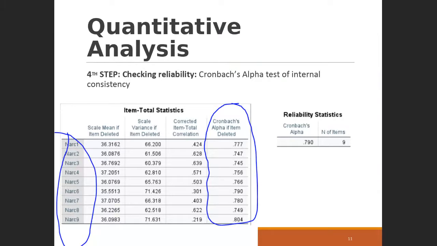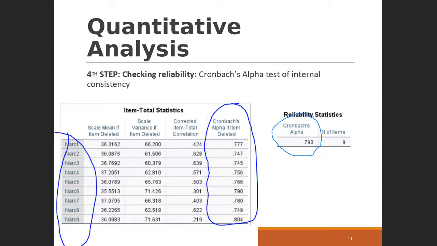So after you have established validity for your research, it is necessary to establish reliability of your research instrument. We often use Cronbach alpha for this purpose. It is a measure of internal consistency, which shows how closely related a set of questions are as a group. It is considered to be a measure of the reliability of your research instrument. Typically, the value of Cronbach alpha ranges from 0 to 1.